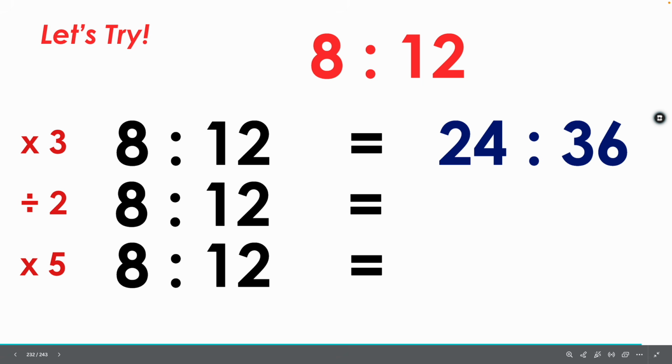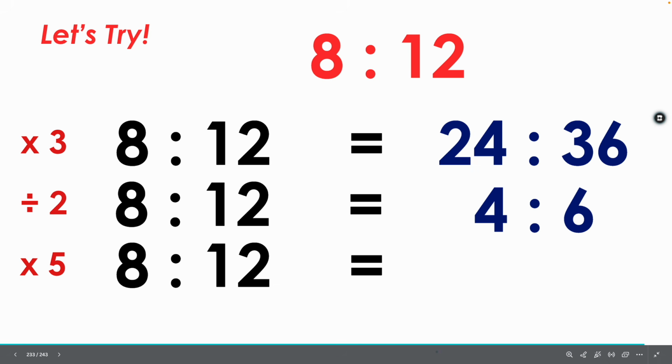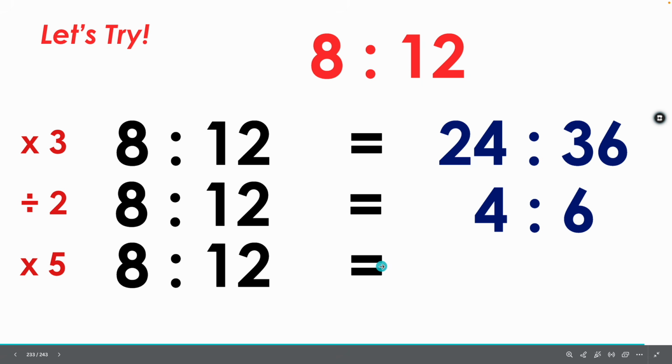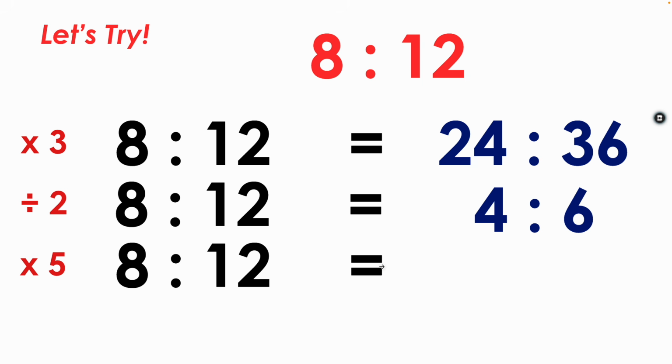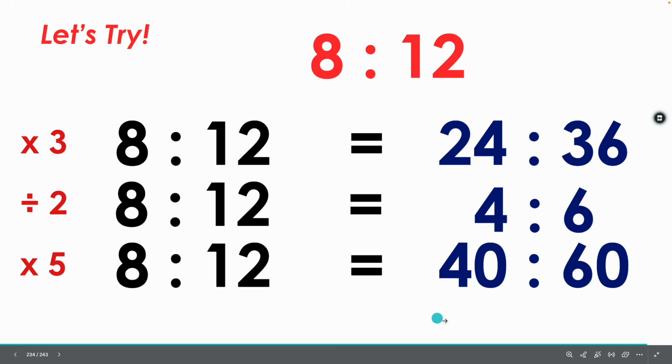And 12 divided by 2 is 6. So 8 to 12 is equivalent to 4 to 6. Now let's try scaling up by multiplying by 5. So 8 times 5 is 40, and 12 times 5 is 60. So therefore, 8 to 12 is equivalent to 40 to 60. So here are our three equivalent ratios for 8 to 12.